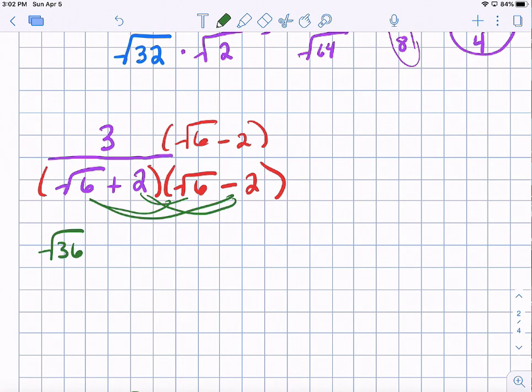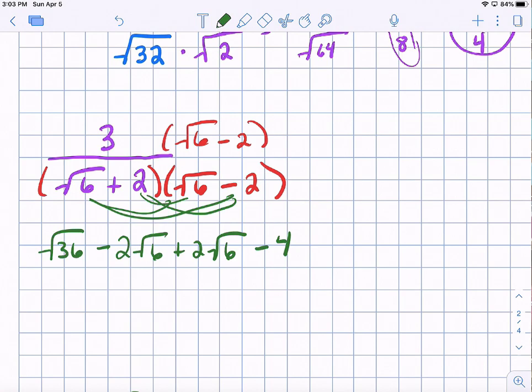Our goal is to get rid of all the square root symbols in the denominator. Now I take the square root of 6 times the negative 2, which is negative 2 times the square root of 6. Now I'm going to take this positive 2 and multiply it by each. So positive 2 times the square root of 6 would be plus 2 times the square root of 6, and then positive 2 times the negative 2 would be negative 4.